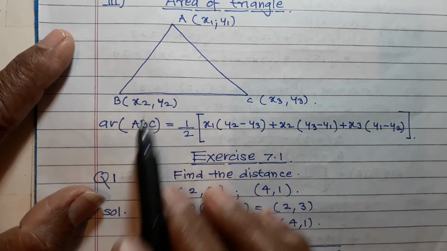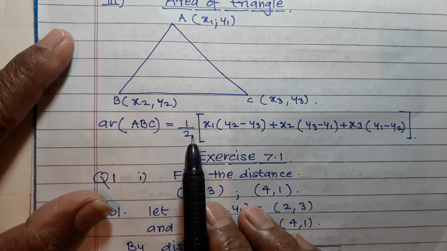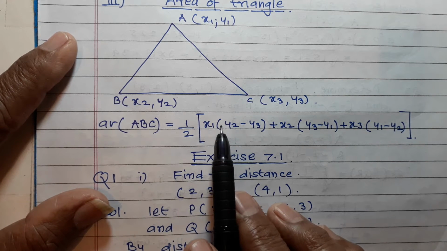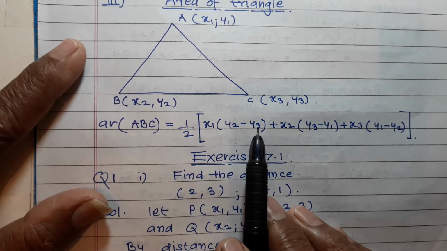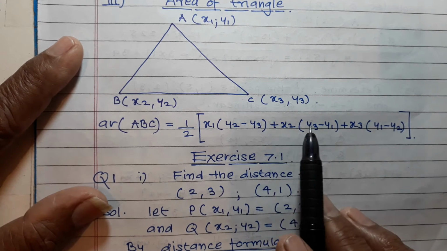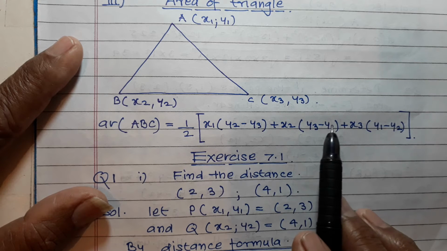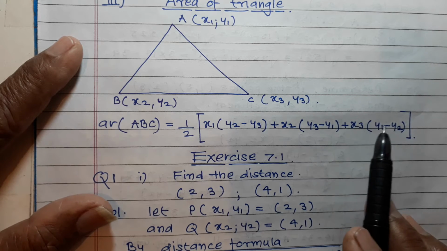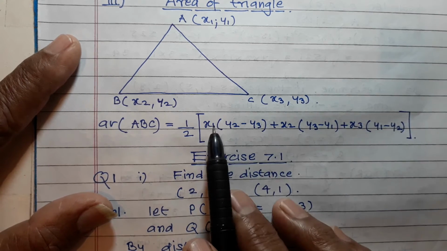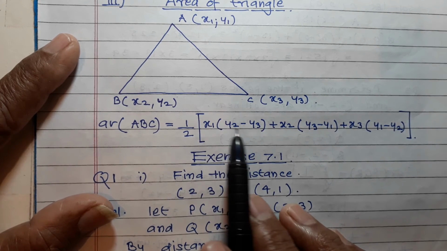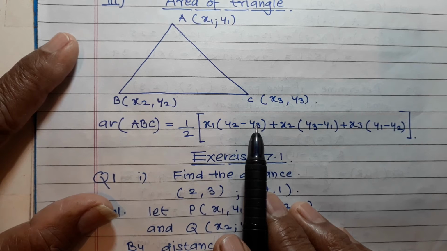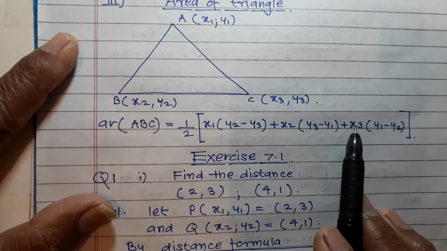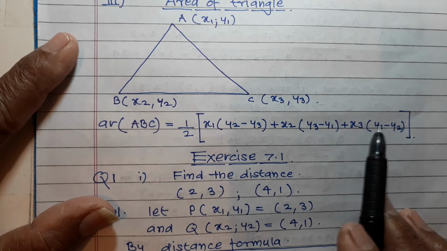Then the area of triangle ABC is equal to 1 upon 2 into bracket x1 into (y2 minus y3) plus x2 into (y3 minus y1) plus x3 into (y1 minus y2). So here the sequence is important: x1 starts with y2 y3, x2 starts with y3 y1, and x3 starts with y1 y2.